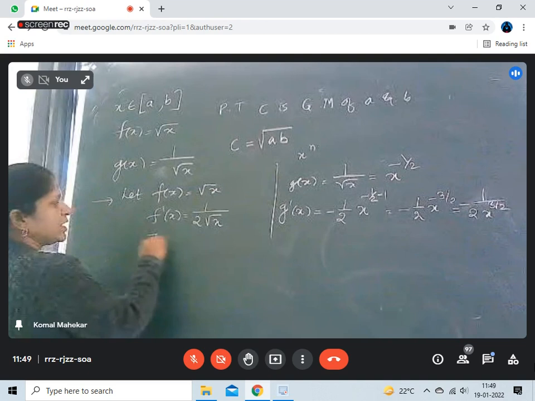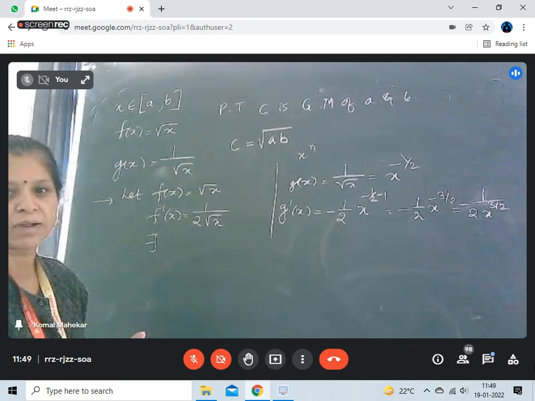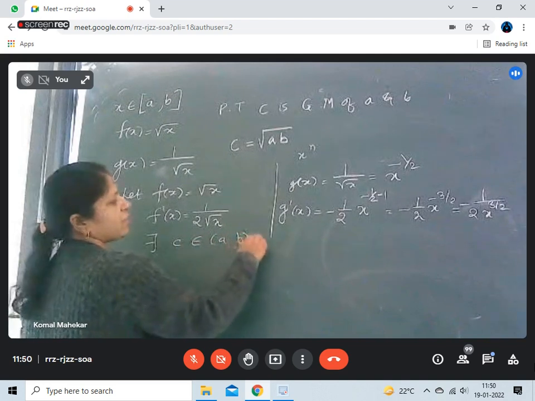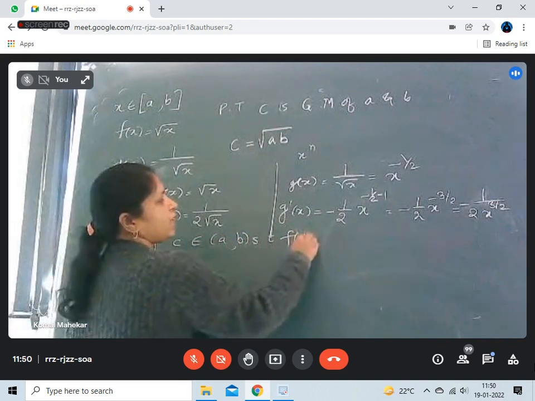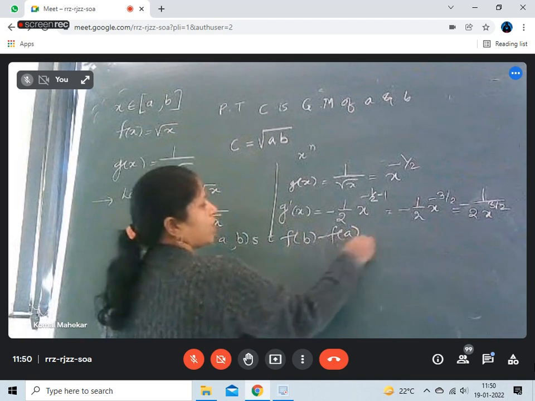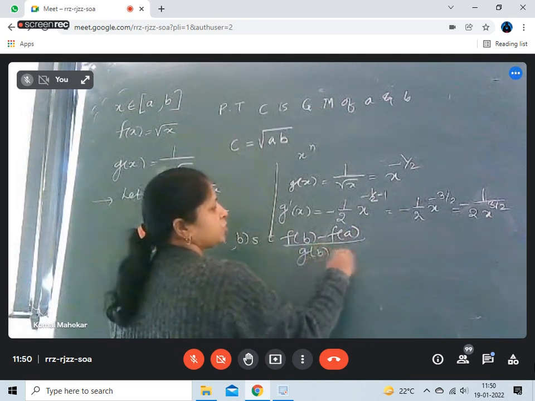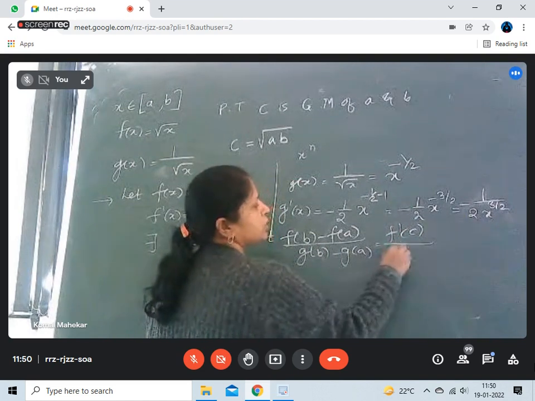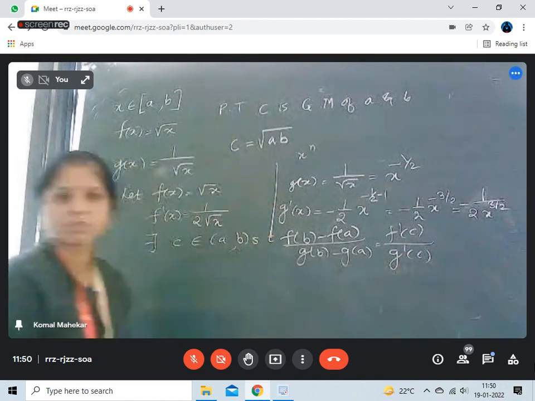Now apply the condition of Cauchy's mean value theorem formula. There exists a point c which belongs to the open interval a b such that (f(b) minus f(a)) upon (g(b) minus g(a)) is equal to f dash of c upon g dash of c.